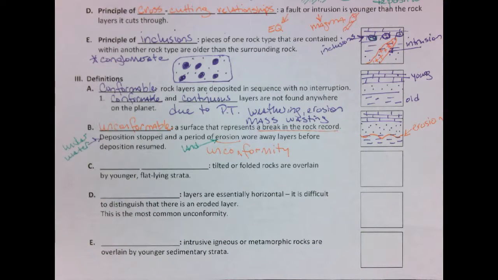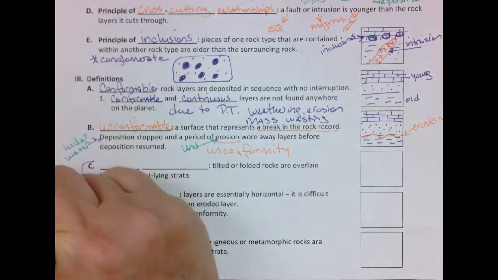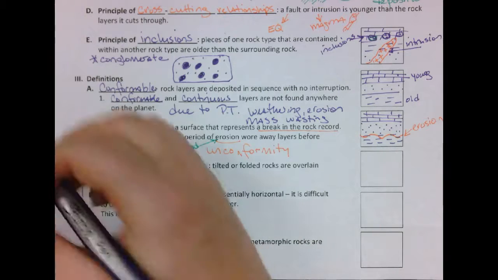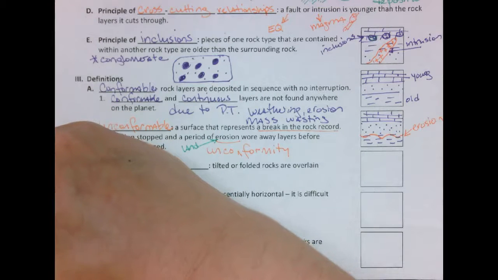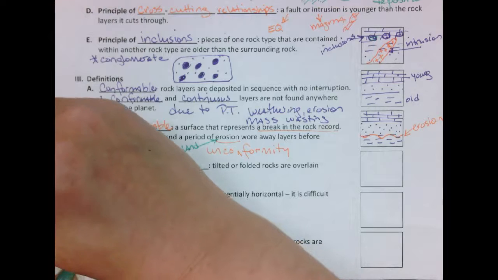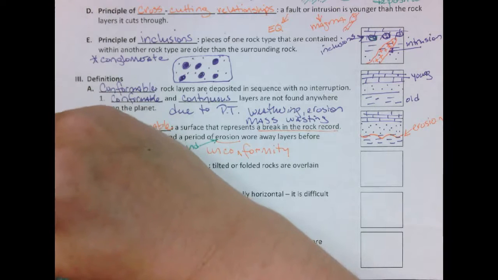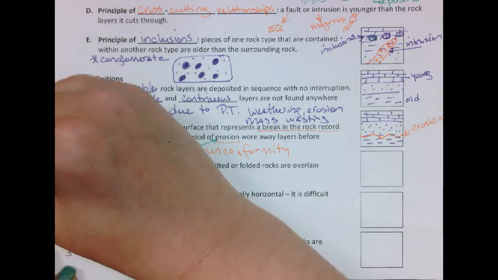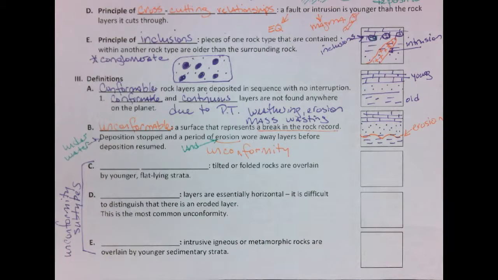Then the next three are all types of unconformity. So C, D, and E are all unconformity subtypes. Or I like to call them three flavors of unconformity.